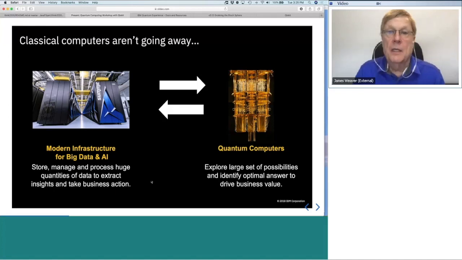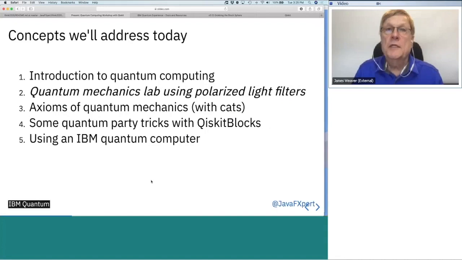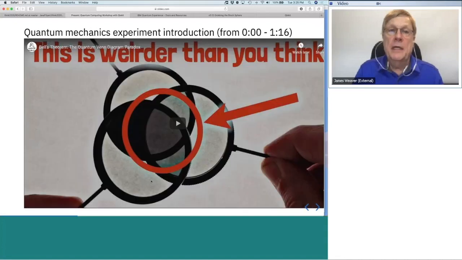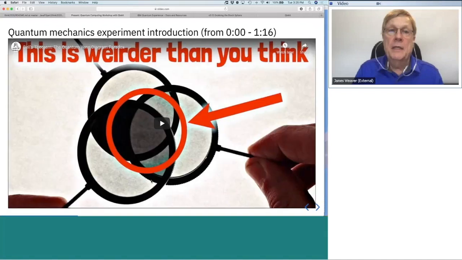So I want to give you a little bit of an introduction into quantum mechanics. I'm going to show you some resources here real quick that you can take a look at later at your leisure. One is this idea of being able to observe quantum mechanical effects through an experiment, through polarized light filters that you have in your sunglasses, or that you can purchase for $1 from a science site.